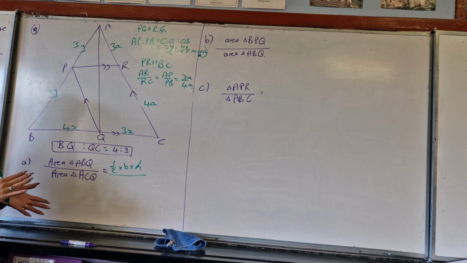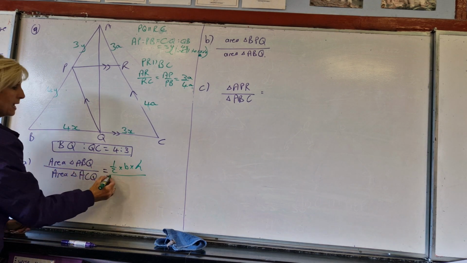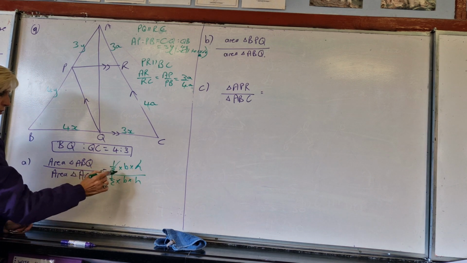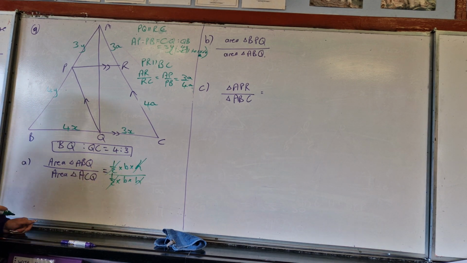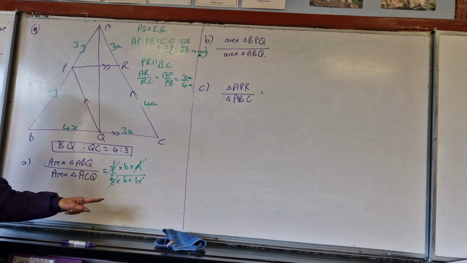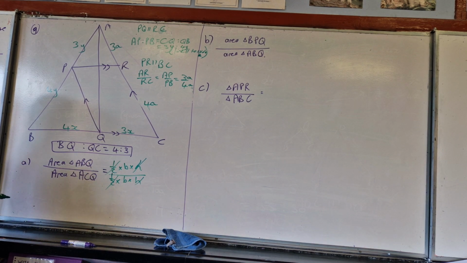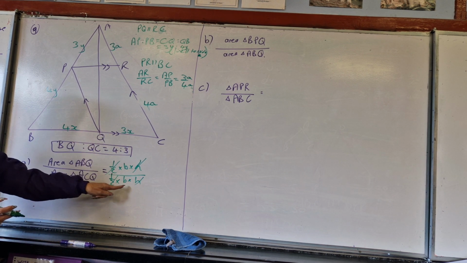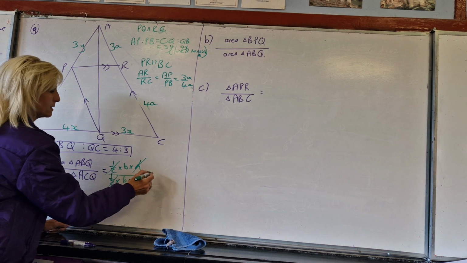You don't have to do it here. When you say that it's half times base times height, then you show me that you are cancelling out the heights. I know you know what you're doing, that these two triangles have the same heights. But their bases are, for ABQ, this left-hand side was 4x, and this one was 3x. So it'll be 4x over 3x.